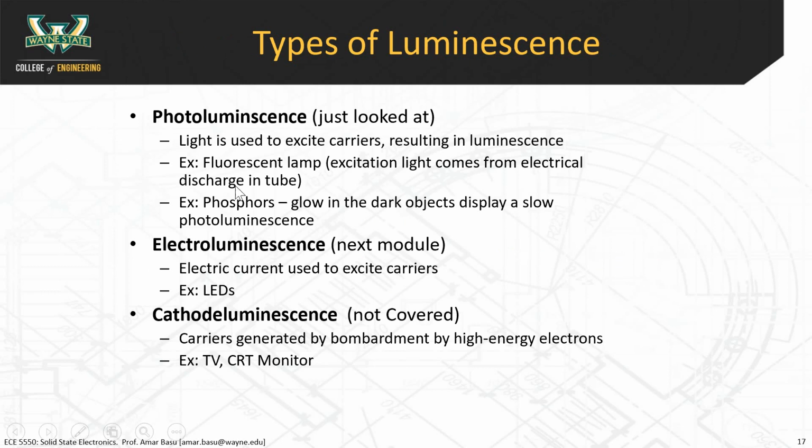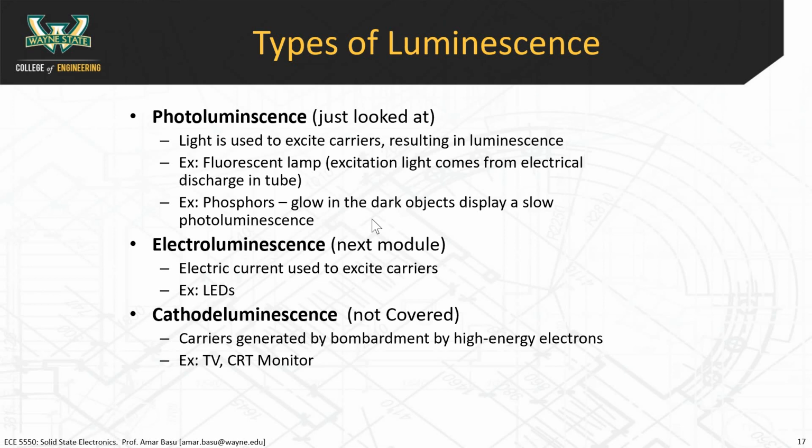Okay. So let's talk about photoluminescence now. Let's just compare the three types of luminescence. Photoluminescence is when light is used to excite the carriers and the light is given off by the semiconductor.